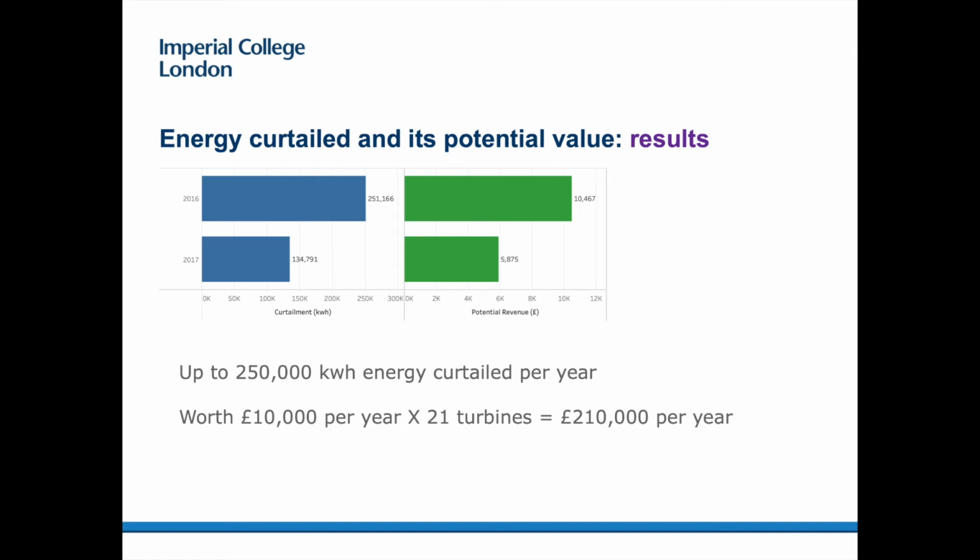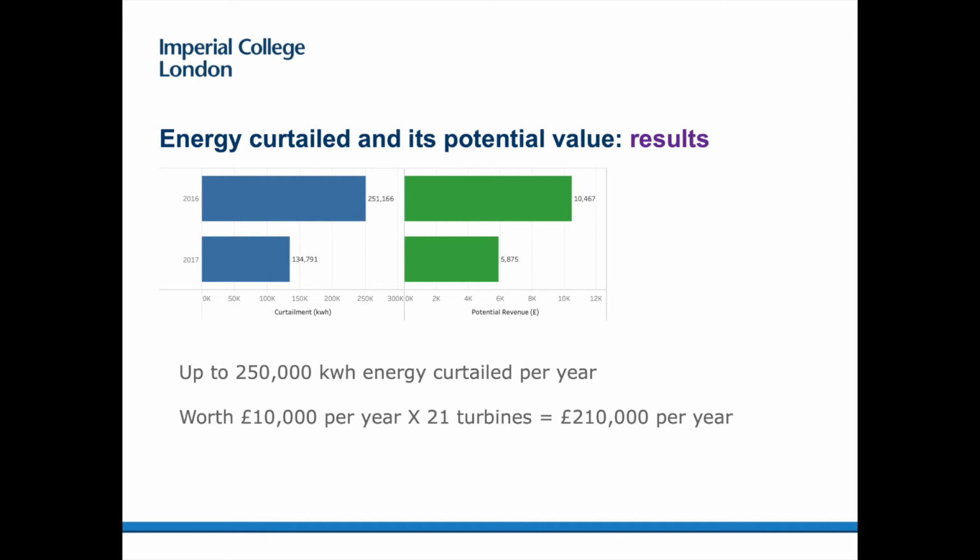We present our results for two years, 2016 and 2017, where in blue we have the curtailment and in green the potential revenue. If we take the year 2016, we see that up to 205,000 kilowatt hours of energy was curtailed for that year, which equates to roughly £10,000 of potential revenue lost because of the curtailment.